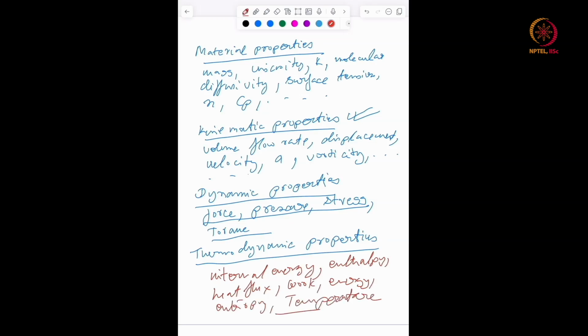So when you do fluid mechanics, you are particularly interested in knowing parameters like velocity. And once you know velocity, you can find out things like acceleration and vorticity. You are interested in finding force, pressure, stress, torque. These are things that you can measure. Similarly, you want to measure temperature. This is a very important quantity to which a lot of diagnostic methods are dedicated.